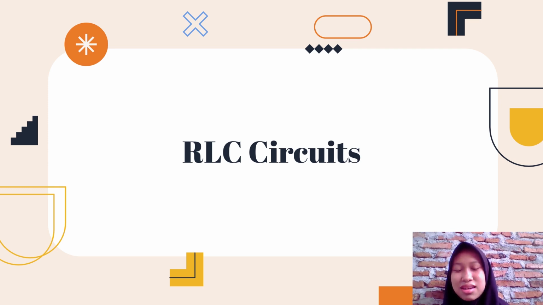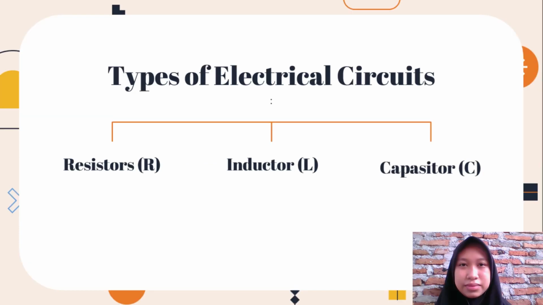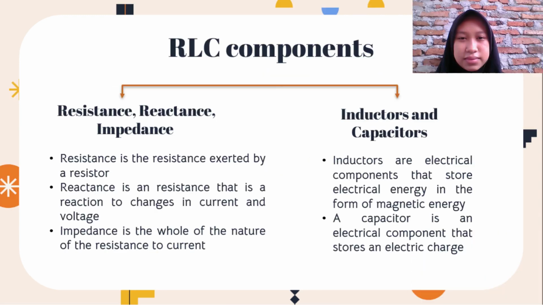Okay, the next theory is the RLC circuit. Based on the article, there are three types of electrical components: resistors, inductors, and capacitors. The components of RLC are resistance, reactance, and impedance, also inductors and capacitors.